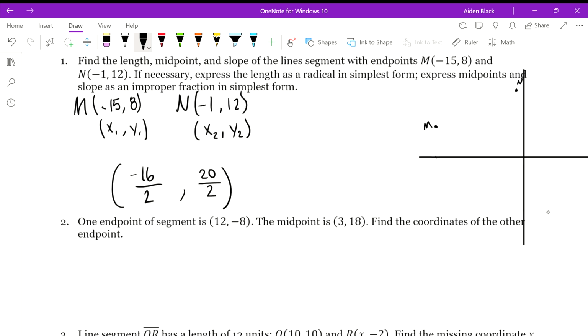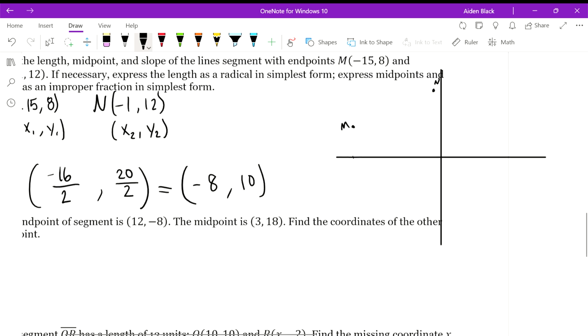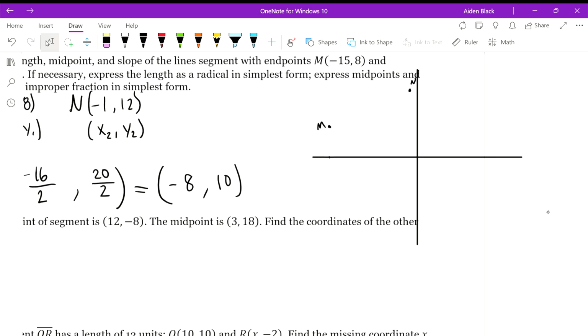Again, we cut that in half. What do we end up getting? Negative 8, 10. So negative 8 would be somewhere right here, and then 10 would be right here. So that would be our midpoint.